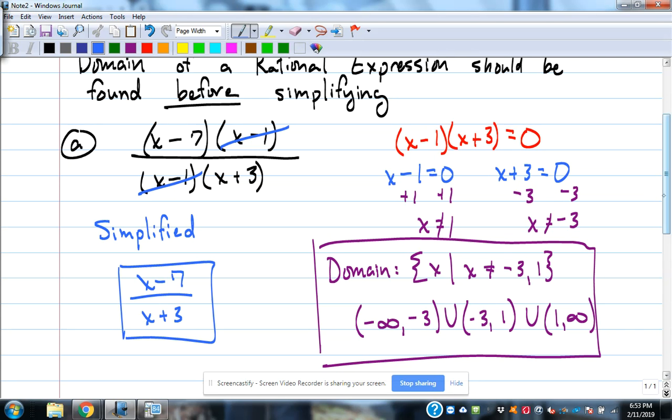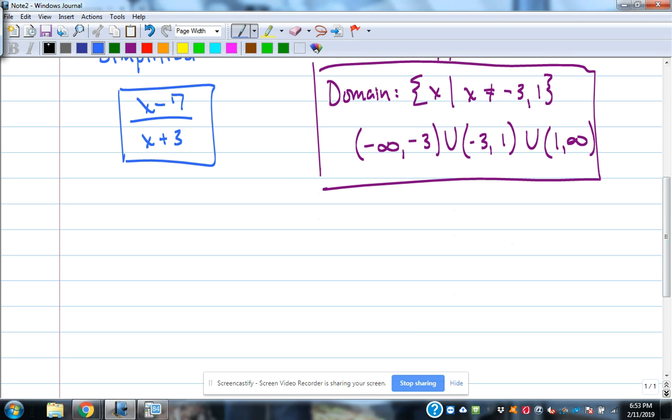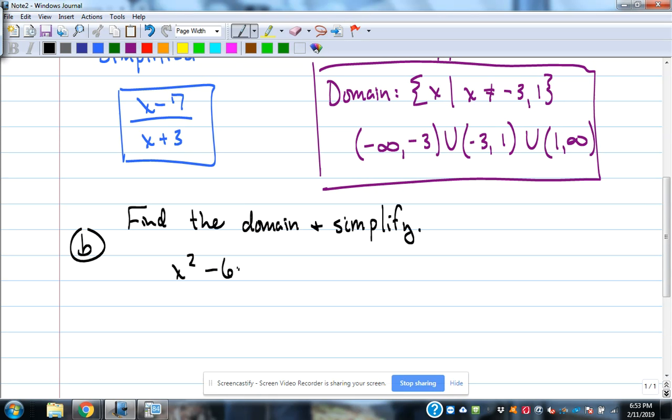So let's look at another one. We're going to find the domain and simplify. So let's say we had x squared minus 6x plus 5 over x squared minus 25.